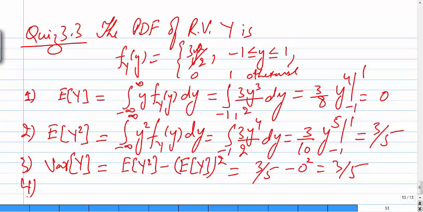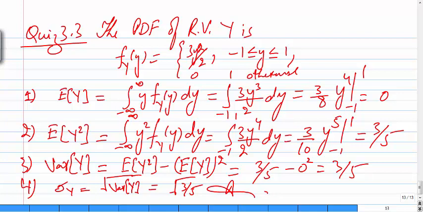The fourth one asks us to calculate the standard deviation. Standard deviation is the square root of the variance of Y. It's very easy, just plug in the values here, 3 by 5, and this is the result. I will stop here and we will continue further in the next video. Thank you.